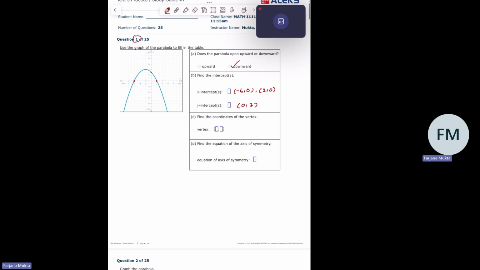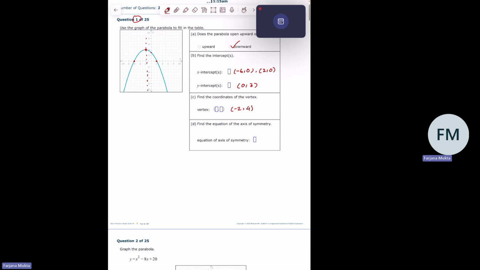Find the coordinates of the vertex. So let's find where the vertex is here, right? How do you know it's the vertex? Because on two sides of the vertex, it's symmetric, right? That means you have the axis of symmetry at the vertex, and the graph gets divided into two symmetric parts there. The vertex will be (-2, 4).